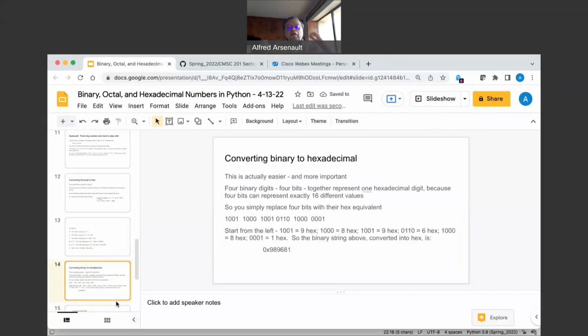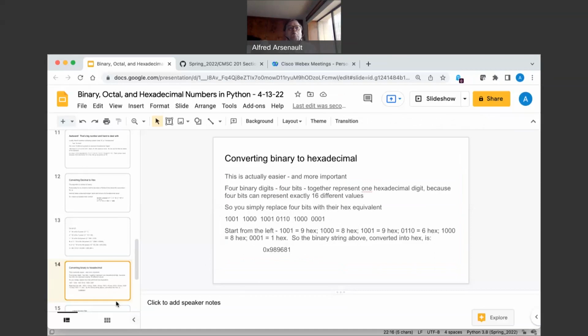Okay. Now, we've talked about converting binary to integer. We've talked about converting hexadecimal to integers. Fortunately, you do not have to go through decimal to convert binary to hex. And in fact, it's a very easy thing to do.